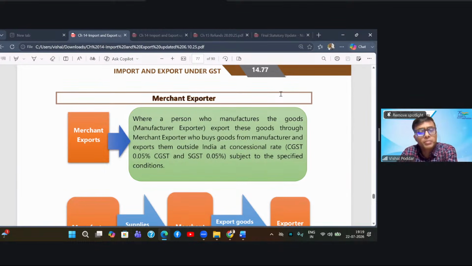So in this particular case, there is a concessional rate, which is an option given, that when I'm selling to the exporter, who is also the merchant exporter, I will not charge the regular rate, whatever it is on these goods. Rather, I will charge a discounted rate of 0.05%, or if it is IGST, then 0.1%.